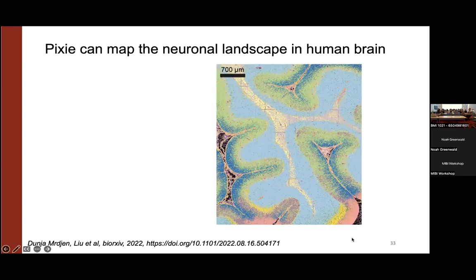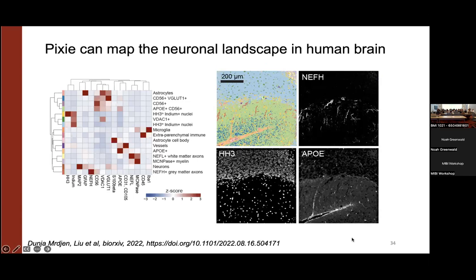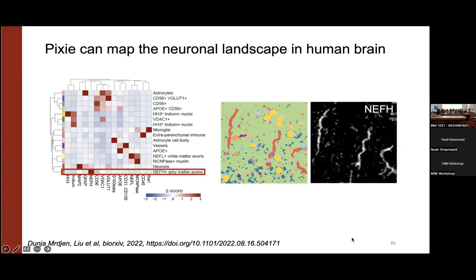This is a pixel cluster overlay of a stitched human cerebellum. I don't really know anything about the human brain, but hopefully you can appreciate that you're able to capture the structure of the tissue. And this is the heat map that corresponds to the different pixel clusters. Just moving into one example, we can see that the signal of NEFH, which marks gray matter axon, lines up really nicely with the MIBI image.